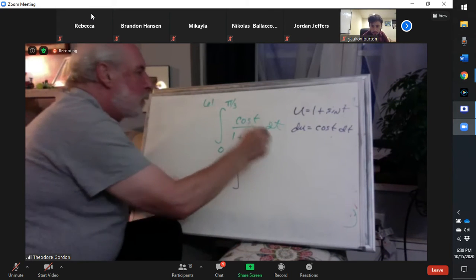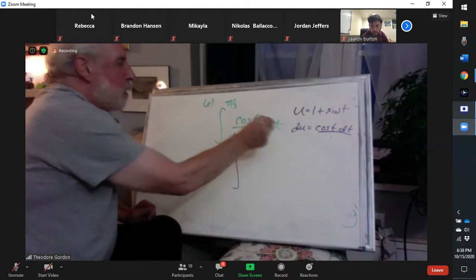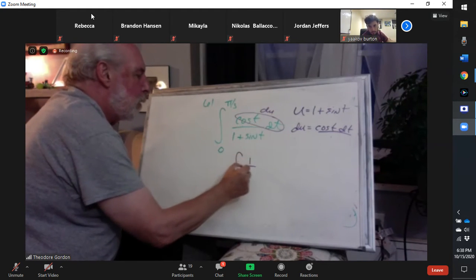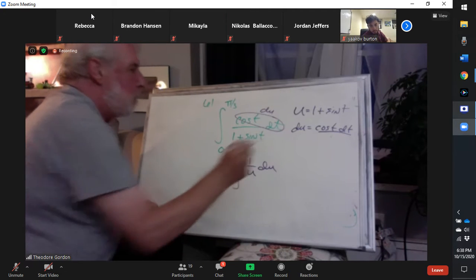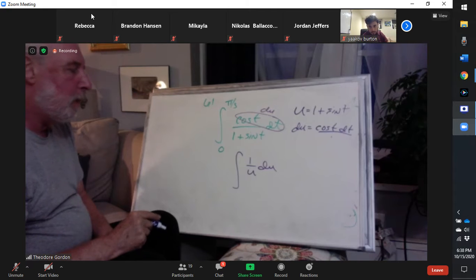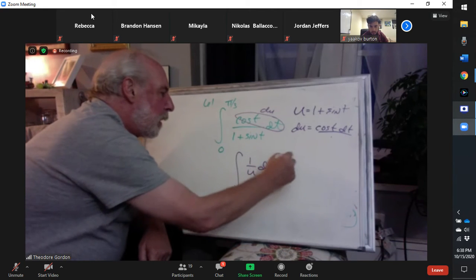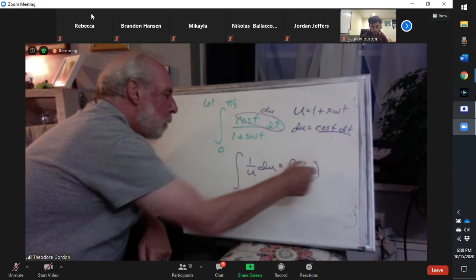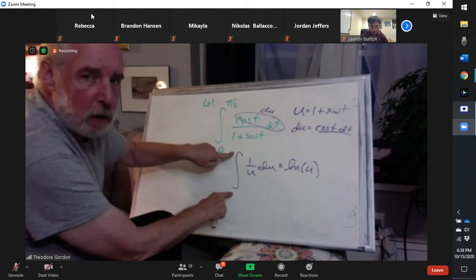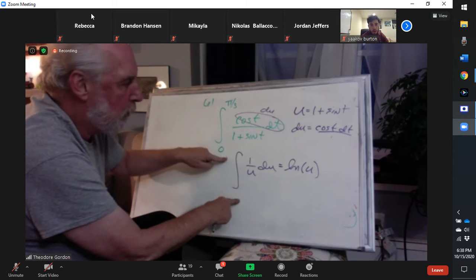So now we become this. So here is, this is du right here. So this problem becomes 1 over u du. And the integral of 1 over u is the ln of u. And then I didn't put the limits on here because I'm just doing this one a little bit differently.